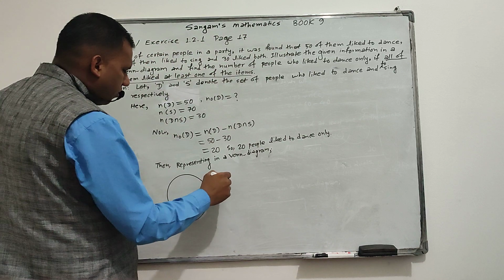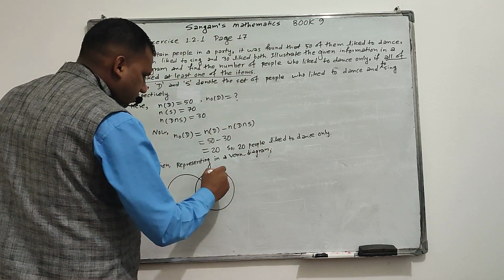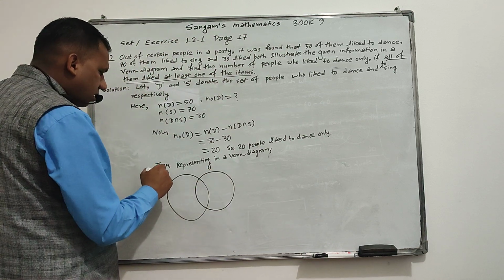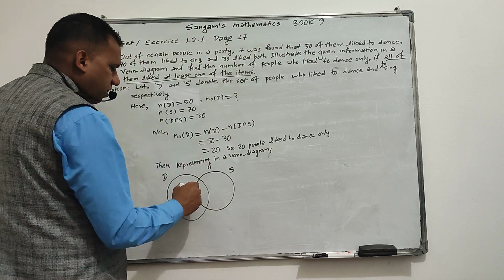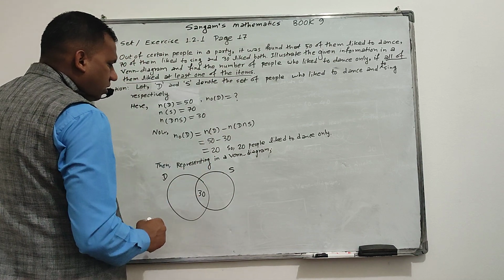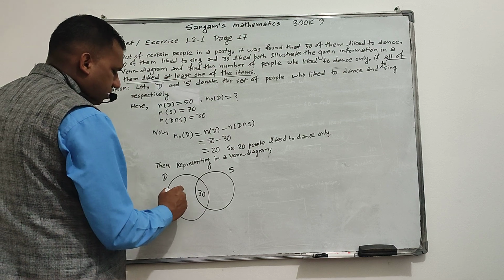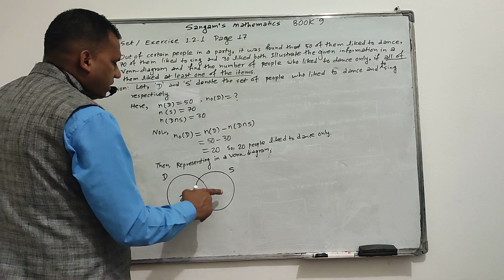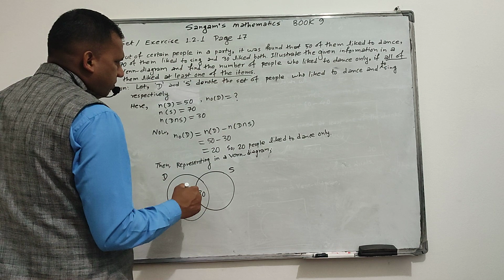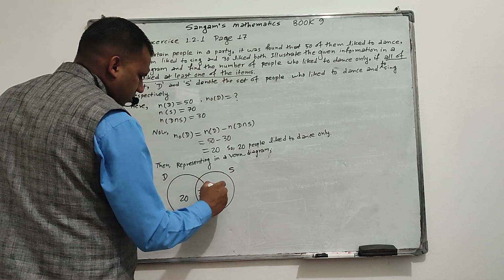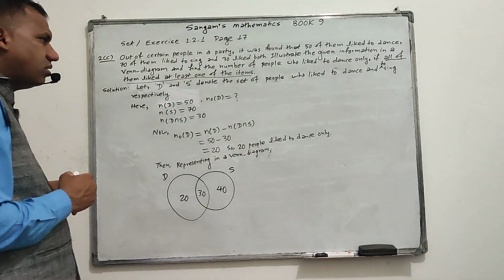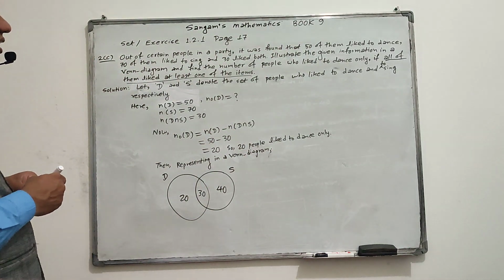So now in the inverted state here, that is D, that is S. Who like both, that is 30 in the middle part. Who like dance only, that is 20. Who like sing only, that is 70 minus 30, 40. This is the required Venn diagram.